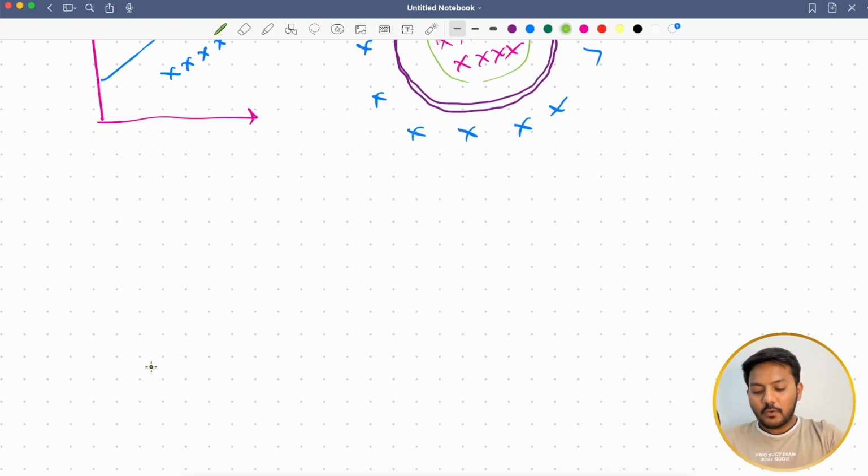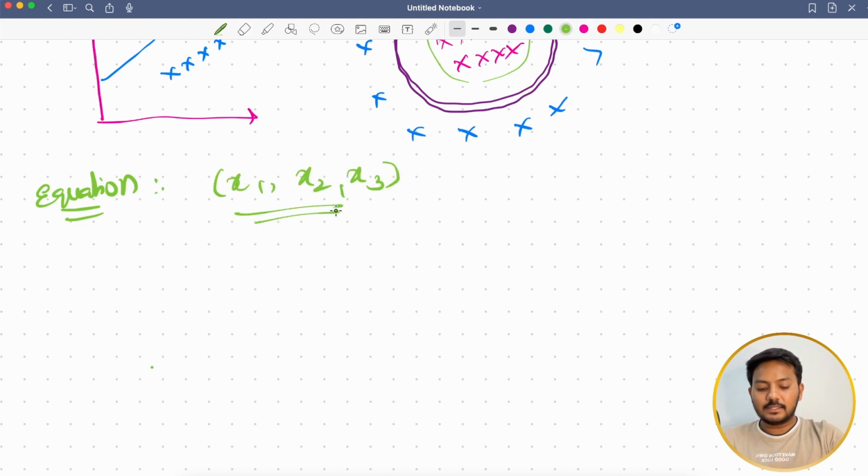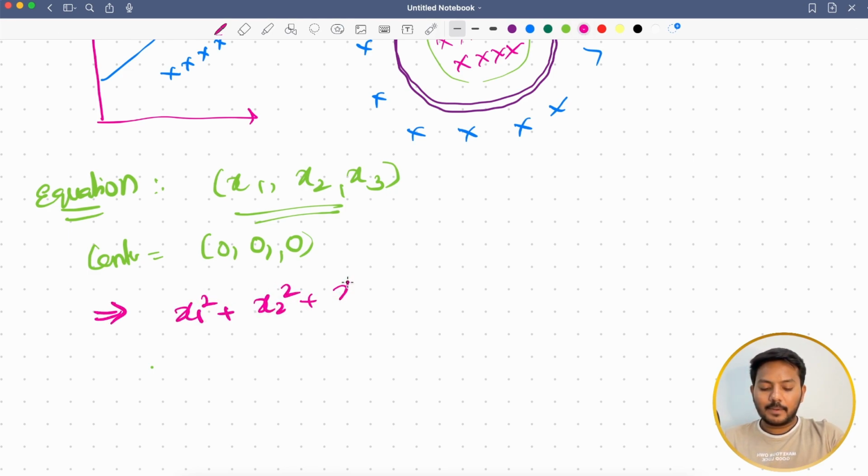Let's say I have x1, x2, and x3 as all of my axes, and my center is at 0 comma 0 comma 0. The equation would be x1 square plus x2 square plus x3 square is equal to r square.